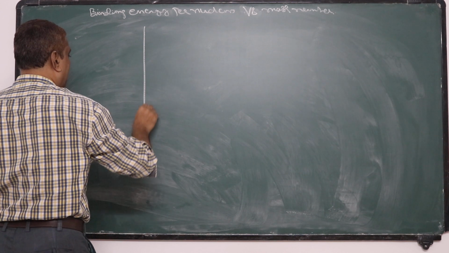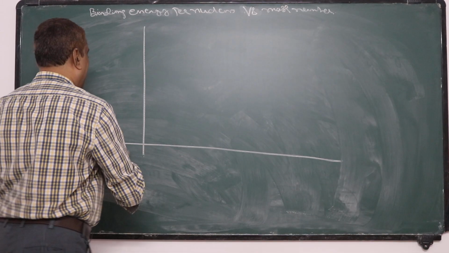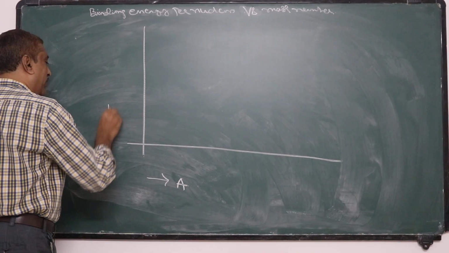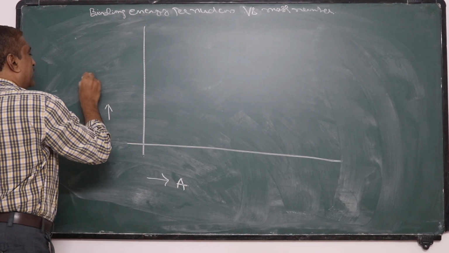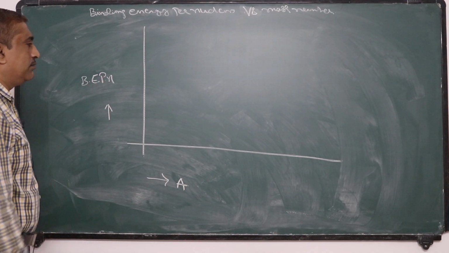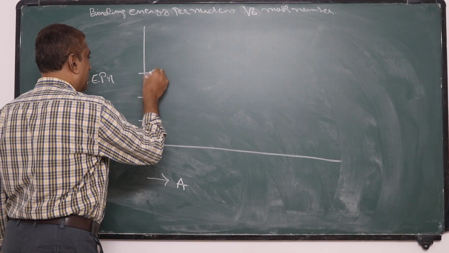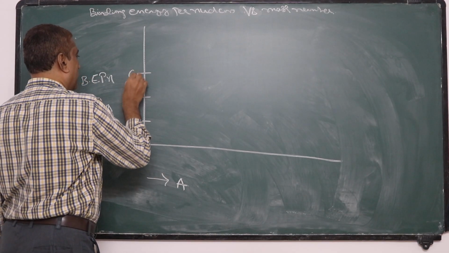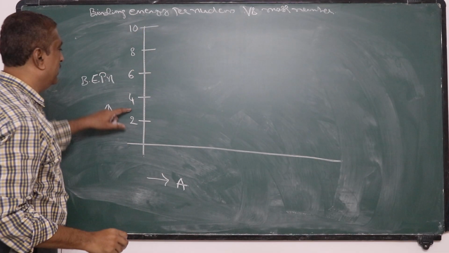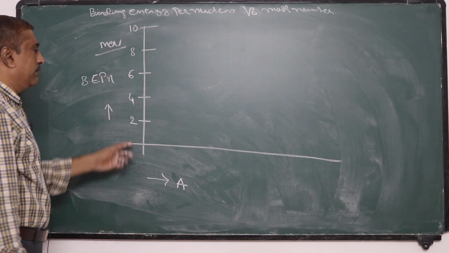On the x-axis mass number A is taken, and on the y-axis binding energy per nucleon. These values are in MeV, million electron volt.